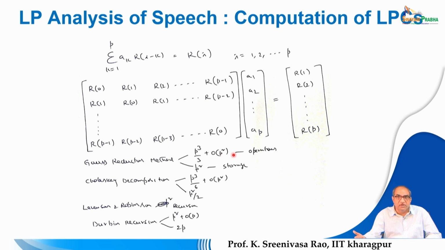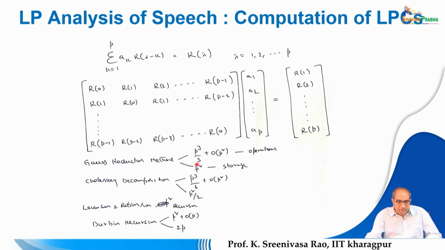Suppose you want to compute the LP coefficients for a speech signal of 1 second. We need to apply this LP analysis for every frame, and frames are overlapped, shifted by 5 milliseconds. So for 1 second of speech signal we have around 200 frames.